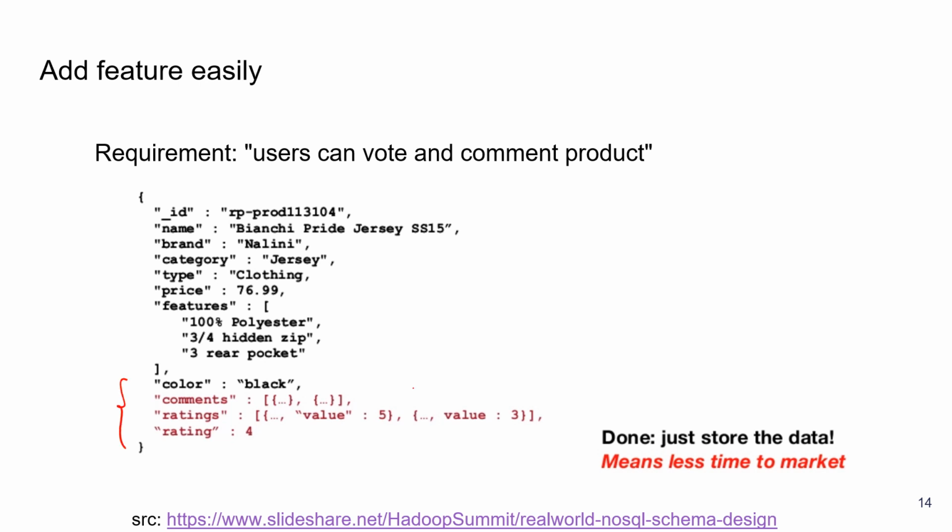This part shows it. And remember that originally our product may have this original description or attributes. Then we just insert these 3 additional attributes of comments, of ratings, and so on.